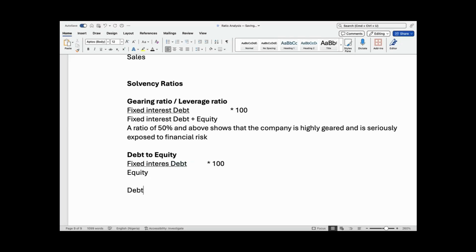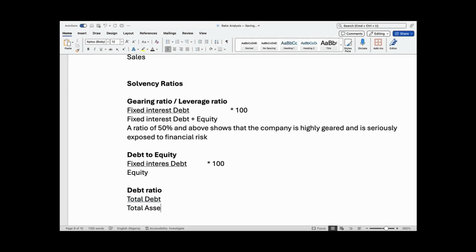Another one you can also find is debt ratio. They could just call it debt ratio. And when you find debt ratio, I advise that you simply look at the proportion of debts to total assets that an entity uses to fund its total assets.